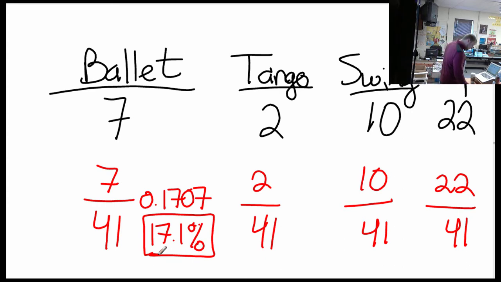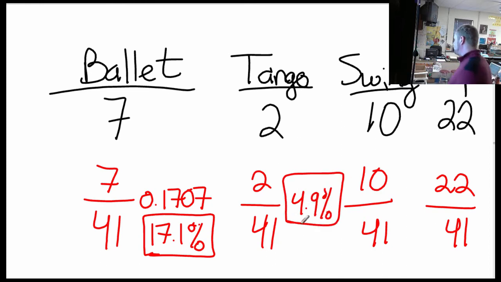All right, 2 divided by 41. I'm going to run out of space here. So about 4.9, we'll say 4.9-ish. Yeah, because you multiply by 100.